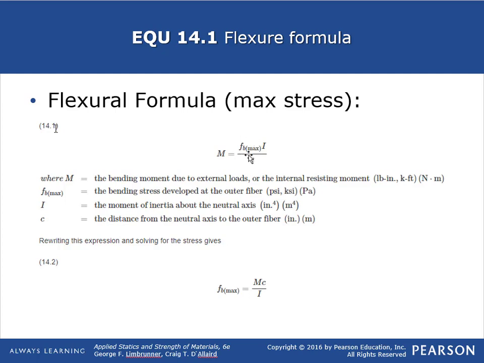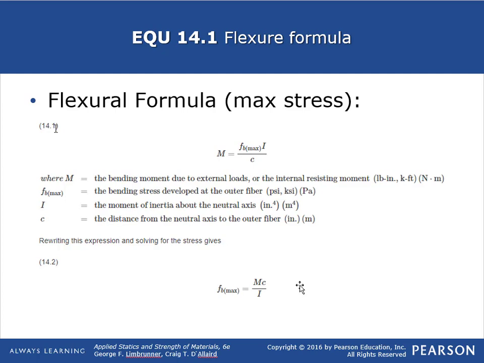We're going to use FB max. I know I used to use sigma here, but let's use this. FB max is the bending stress. The maximum means that it's at its outer fiber, because in this equation, C is the distance from the neutral axis to the outer fiber. So this equation, 14.1, is going to net us the maximum bending stress.